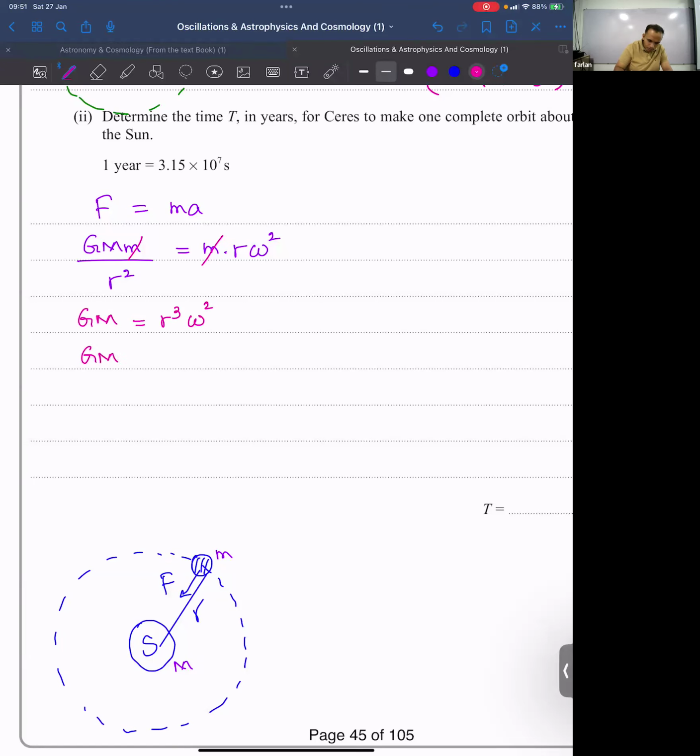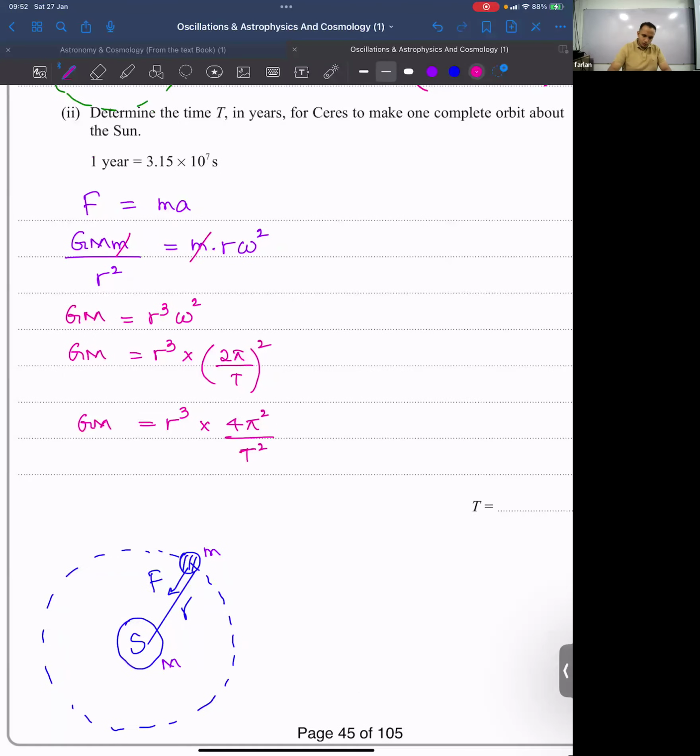So GM equals r cube omega square, and I can write omega as 2 pi over T, that squared. So GM equals r cube into 4 pi square over T square.